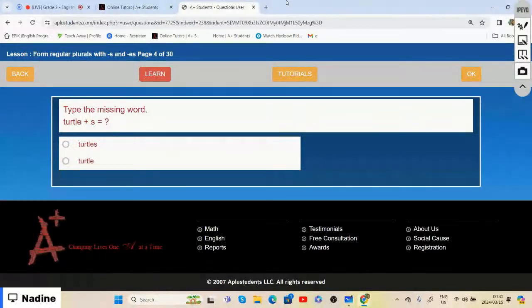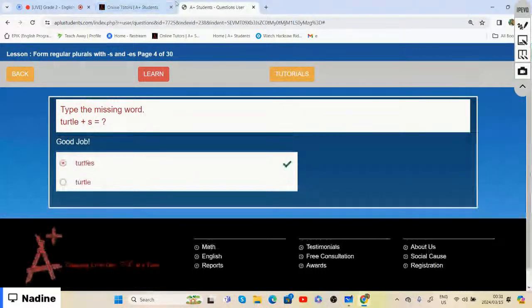So we can say turtle plus s is turtles. It refers to more than one turtle.